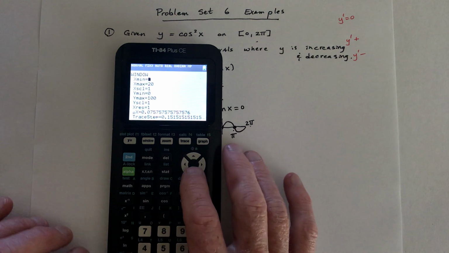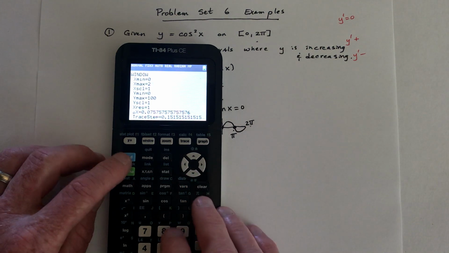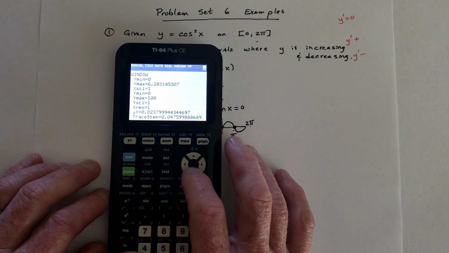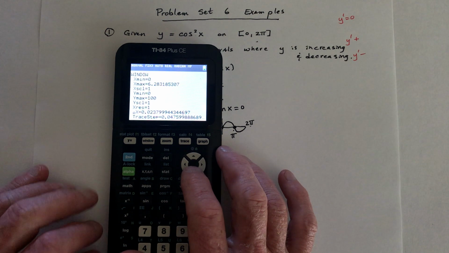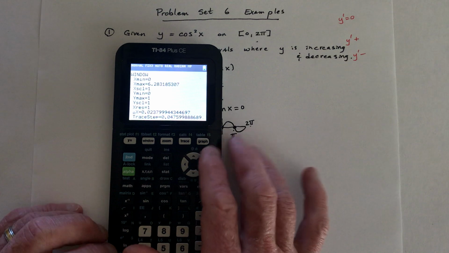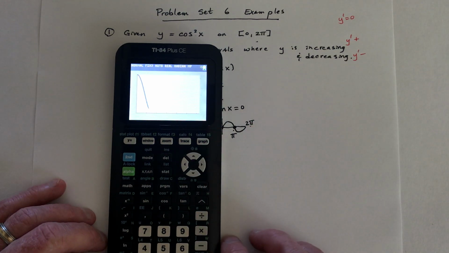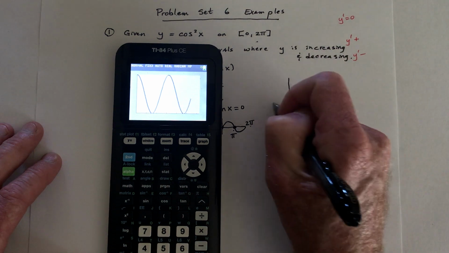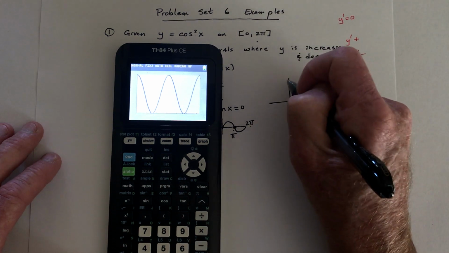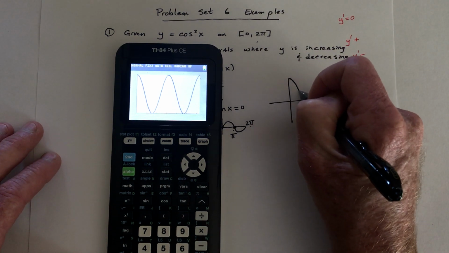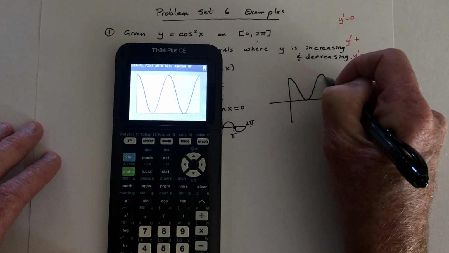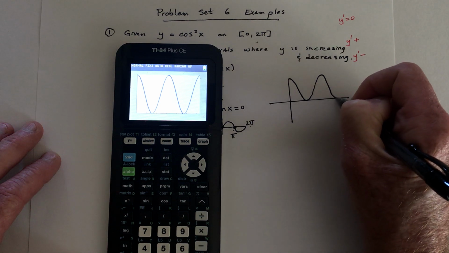And I need to change the window to go from 0 to 2 pi. And cosine squared should range between 0 and 1. So the graph looks like this. It looks like a bouncing ball that keeps going up and down to the same heights.